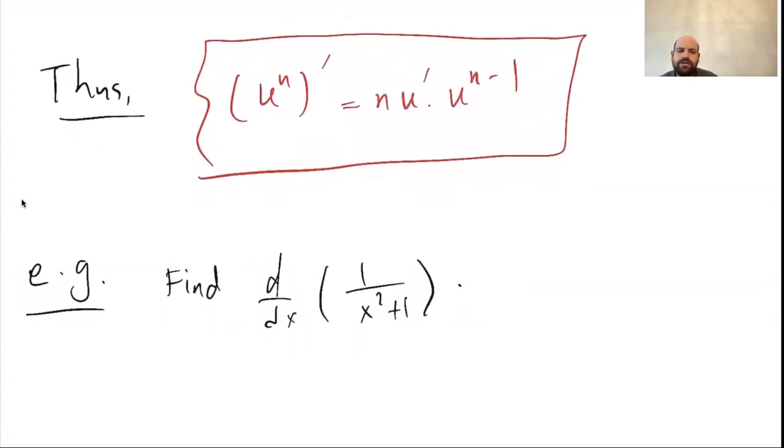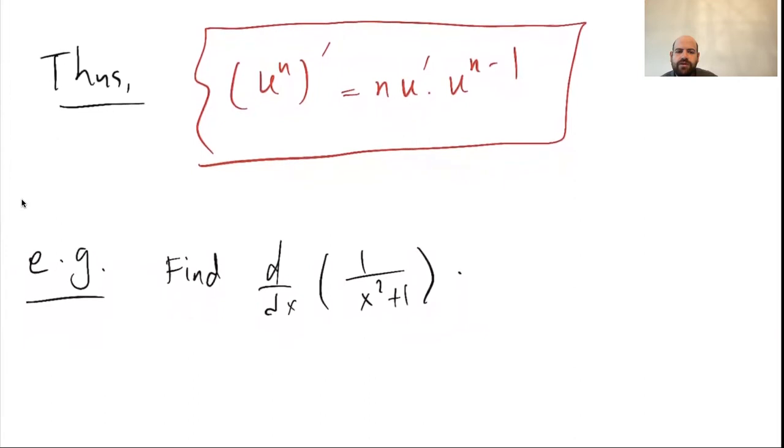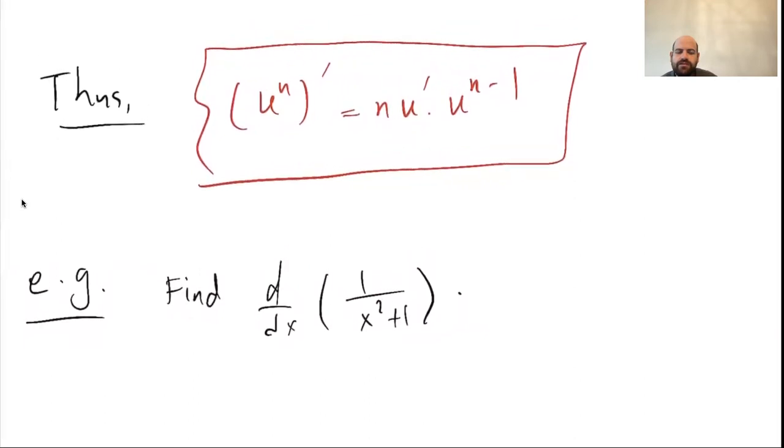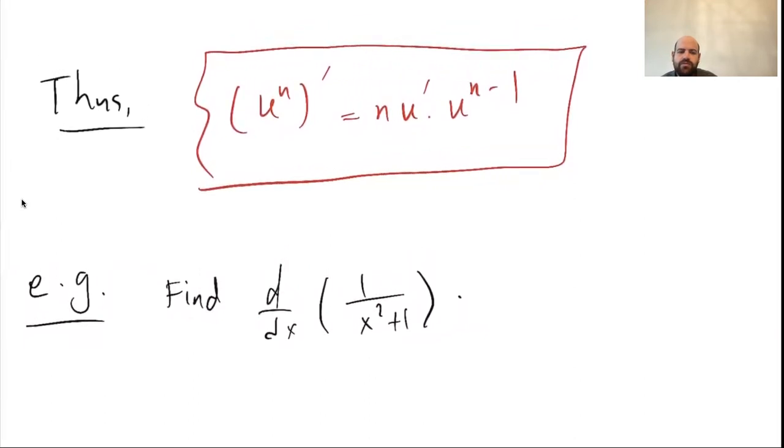So what is u here and what is n? If you want to apply this rule here, what is u and what is n?